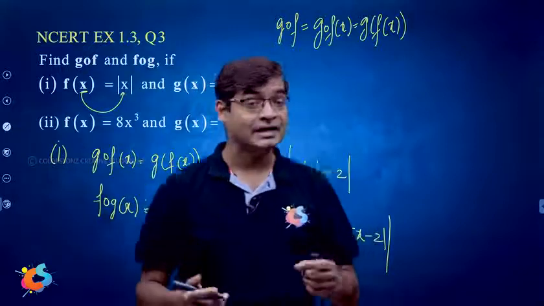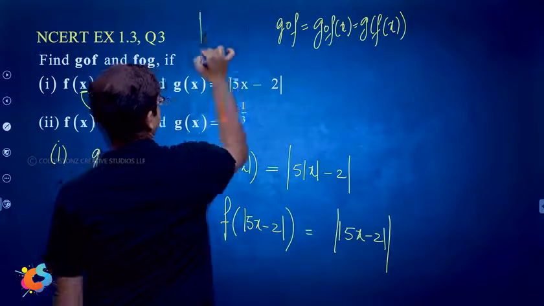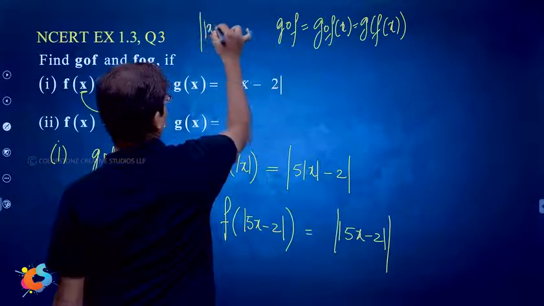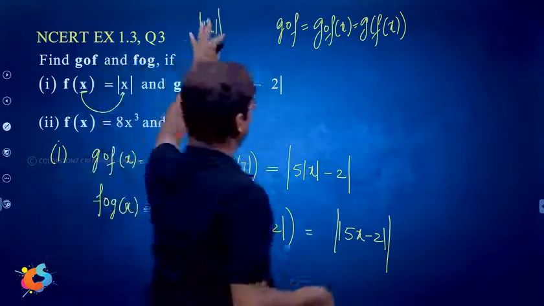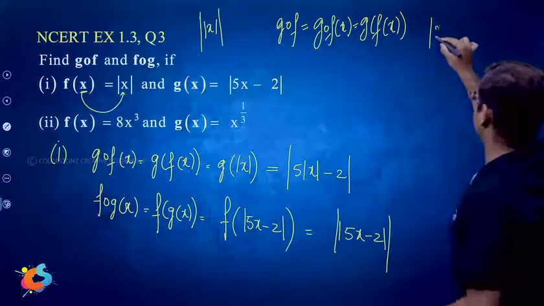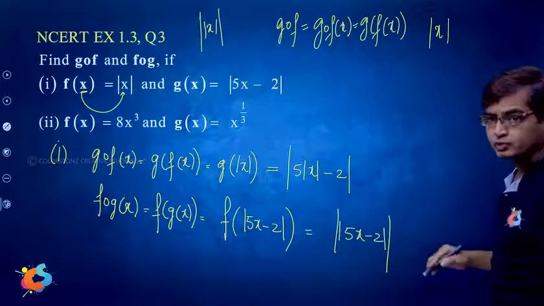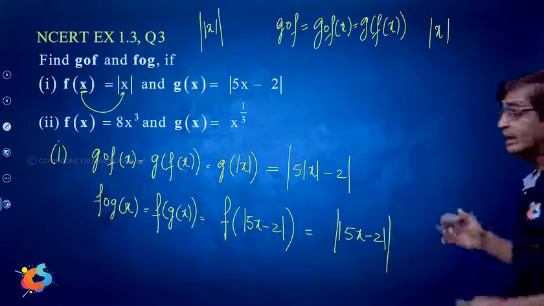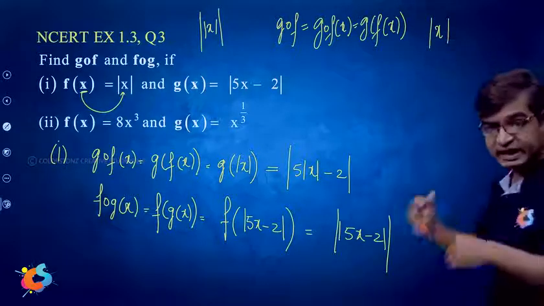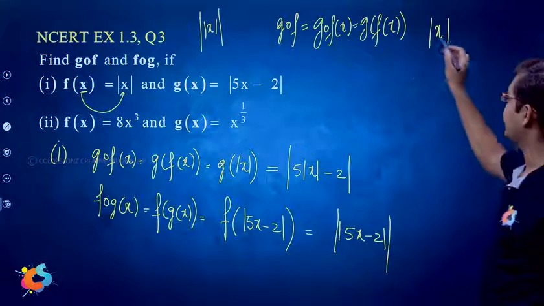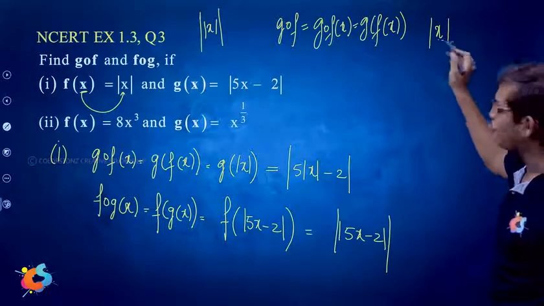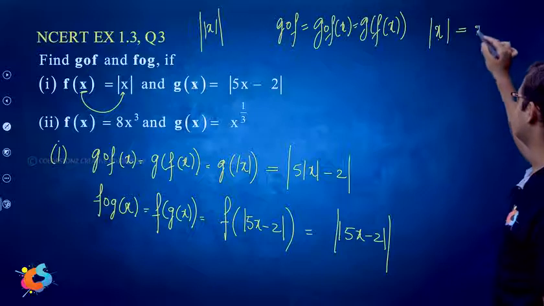Let us now discuss this. Even before coming here, let us discuss mod x. What does mod do? If x is negative, it will make it positive. If x is 0 or positive, whatever is there, it will give as it is.